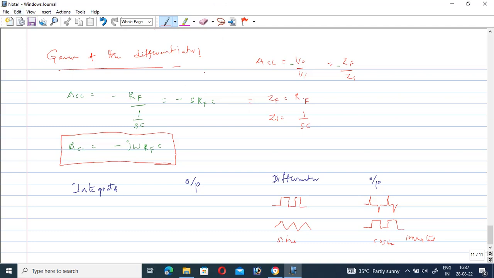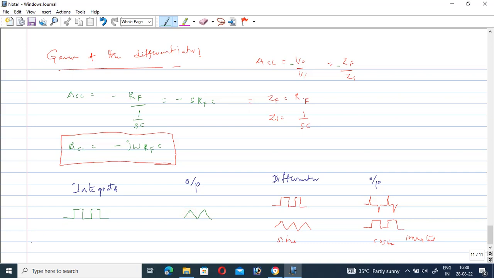If you see the input and output for the integrator, if you provide a square wave input, it produces a triangular output.